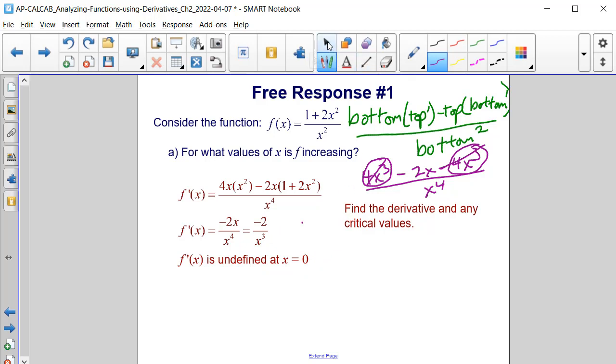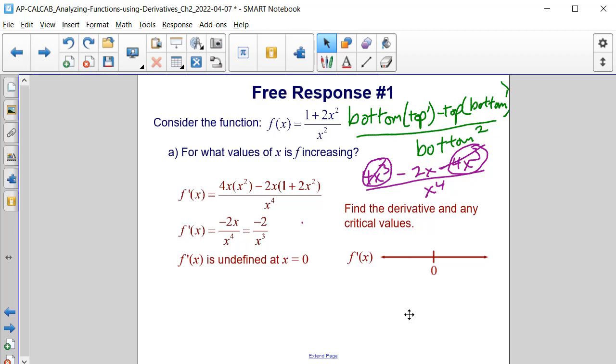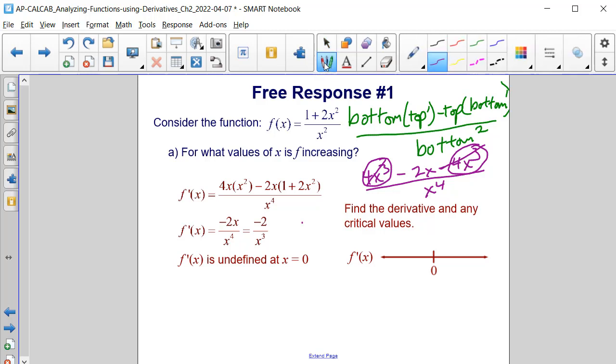And if we create our number line that we usually use to analyze our function, it'll look something like this. And if we substitute in a number that is less than 0, say negative 1, into our derivative, we'll get negative 2 over negative 1 to the 3rd, which is negative 1.